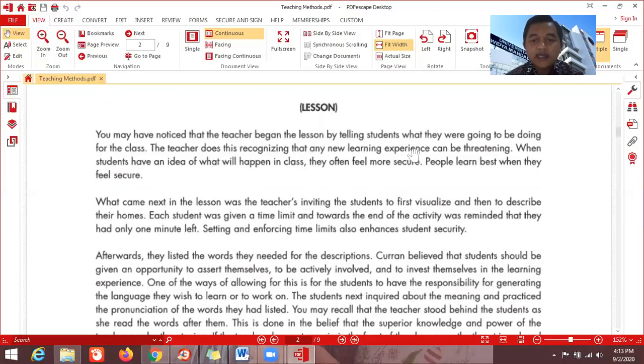The teacher does this recognizing that any new learning experience can be threatening. So if we imagine the first time we learned English or we were exposed to a foreign language, for example, Japanese, watashi wa Andre desu, dozo yoroshiku, hajimemashite, for some people that sounds strange, that sounds threatening.